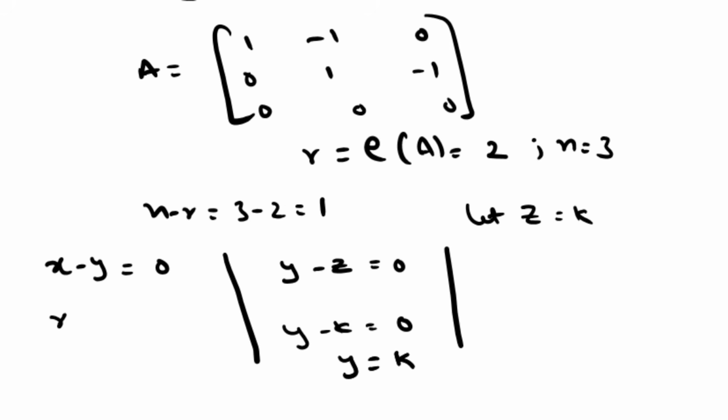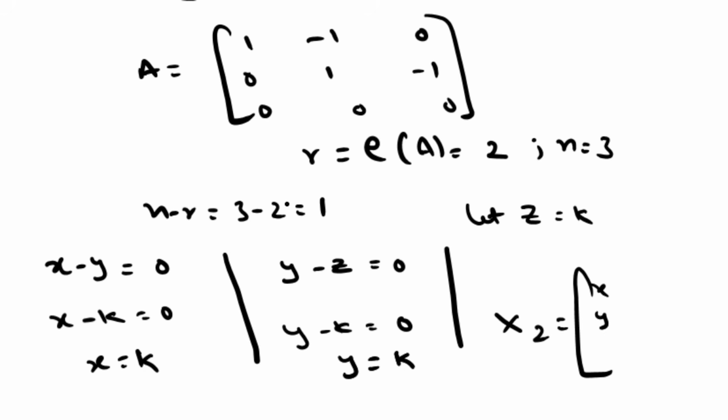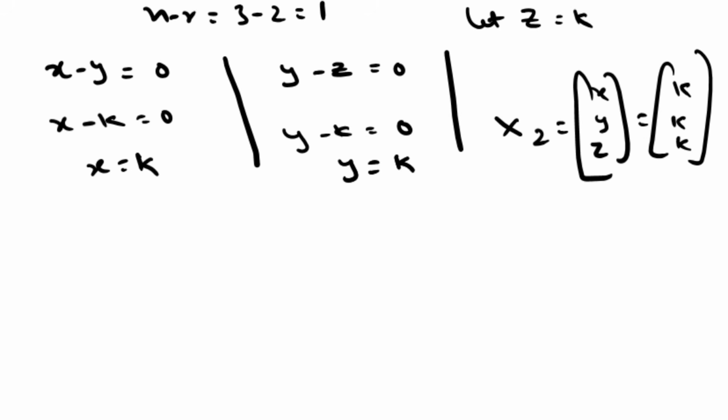Now substitute in the first equation: x minus k is equals to 0, x equals to k. Therefore x equals to k, y equals to k, and z equals to k. Then corresponding eigenvectors x, y, z are k, k, and k, which is equals to k into [1 1 1].